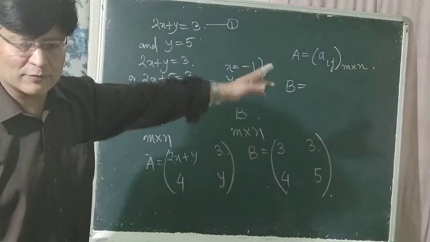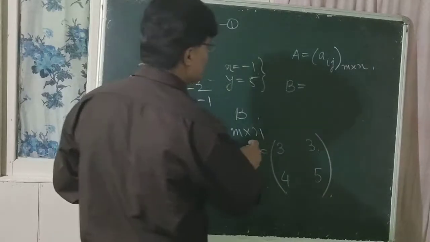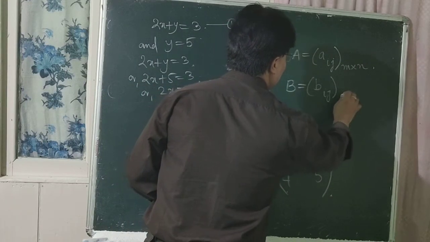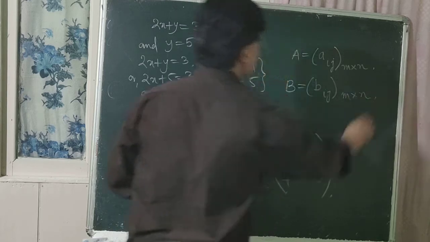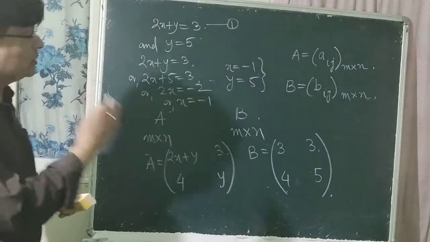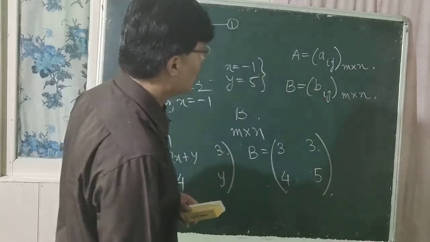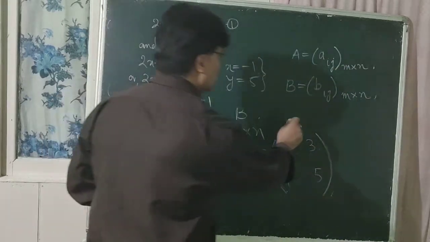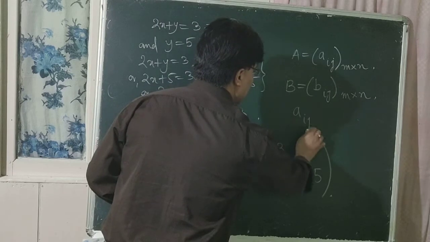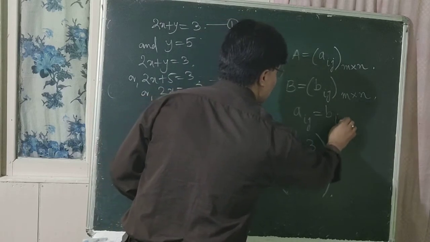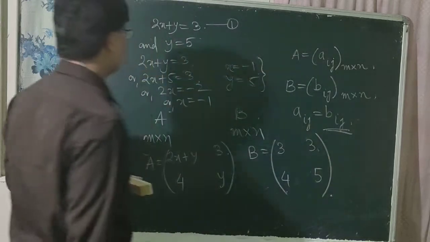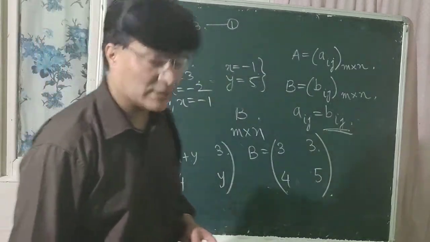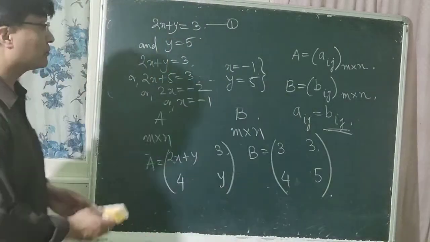And B is b ij, and this is m cross n. Because both these matrices A and B are equal, they must have the same order and their corresponding elements must be equal. That means a ij is equal to b ij. So this is the equality of two matrices. Is that clear to all of you?